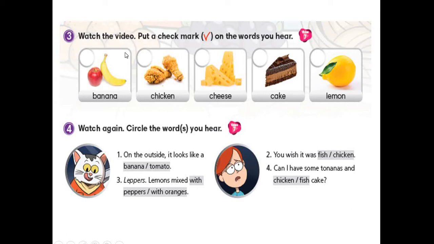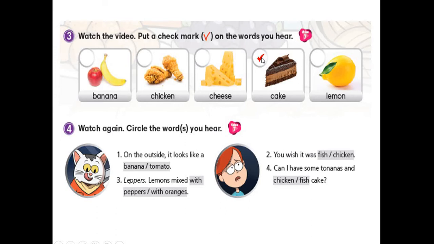Since you are done watching the video, let's put a check mark to those foods that you hear in the video. We have here banana, chicken, cheese, cake, and lemon. Can you hear the banana there?